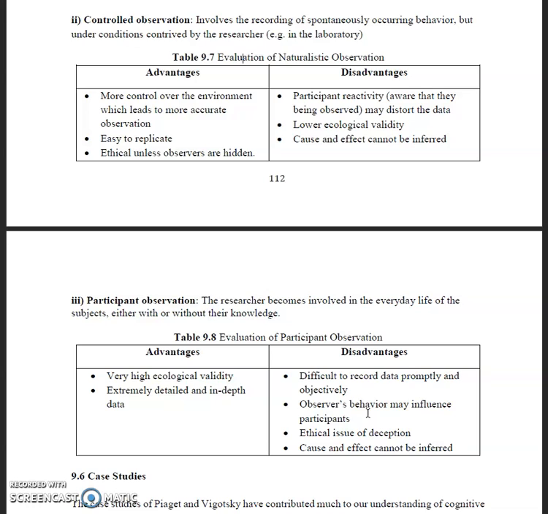They might feel awkward with you being near them. Alright, there might be ethical issues of deception. This happens if you are a participant observer without their knowledge, right? And then you are deceiving them. Okay, I think that is all for observation.